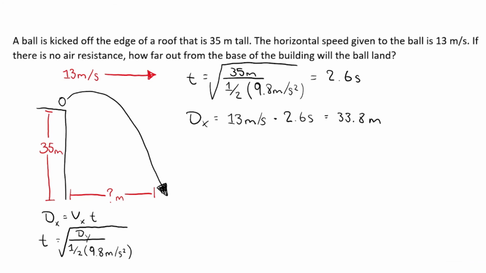So this distance here is 33.8 meters, and that's how far the ball will fly if you kicked it with no air resistance off a 35-meter roof, and the velocity was 13 meters per second.